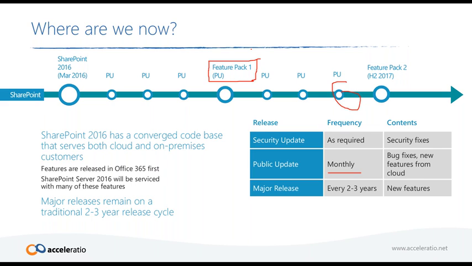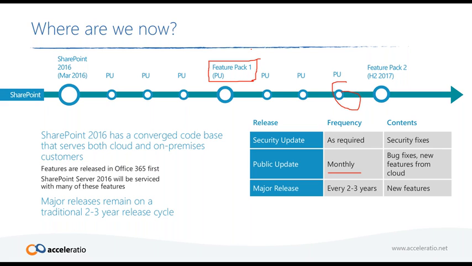So this package brings you new features, and in the next slide I'm going to show you what new features are available in the SharePoint 2016 Feature Pack 1. And as you can see on my slide here, Microsoft is planning an additional Feature Pack 2 for SharePoint 2016, which is probably going to bring some of the SharePoint Online features that we already have in SharePoint Online back to 2016.